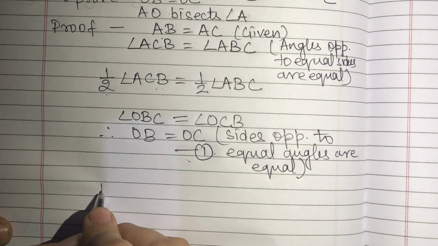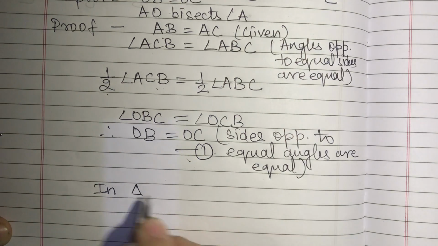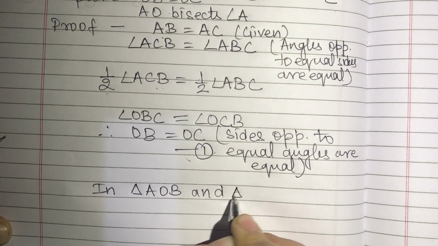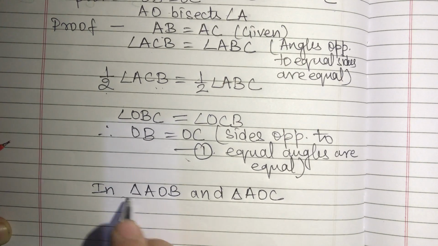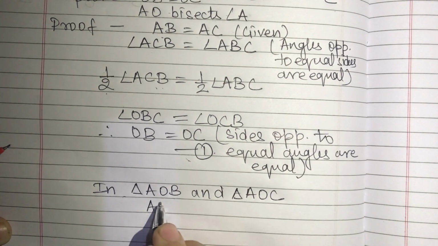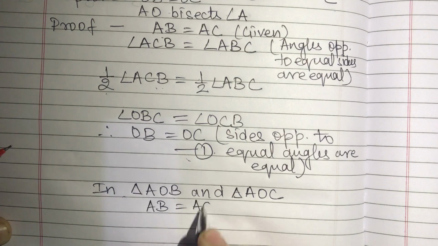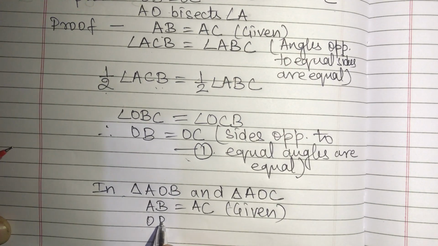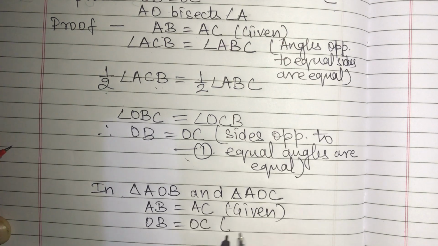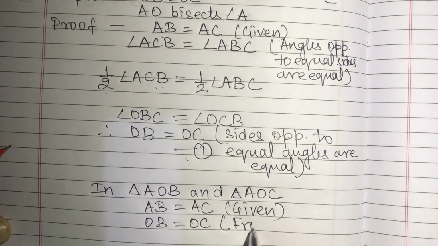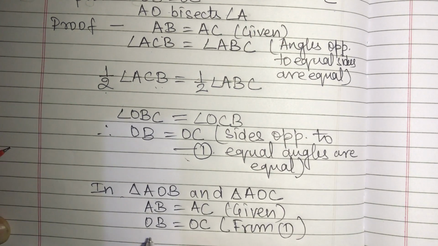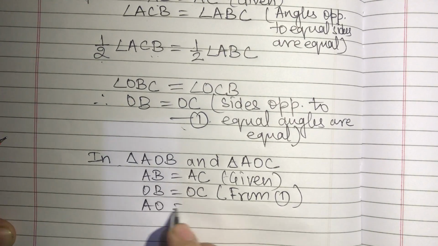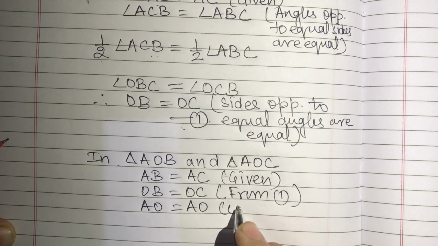Now I am taking triangle AOB and triangle AOC. We have AB equals AC, which is already given in the question. OB equals OC, which we proved earlier, so I am taking it from 1. And the third thing is AO equals AO because this is the common side.